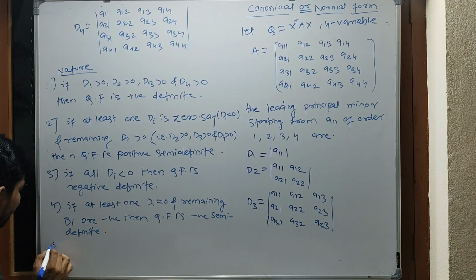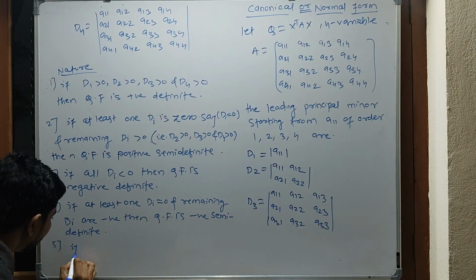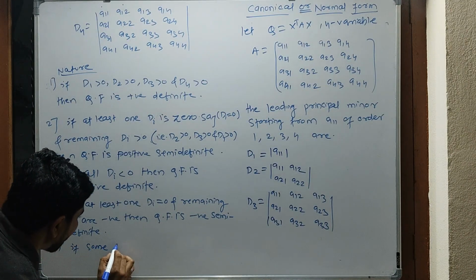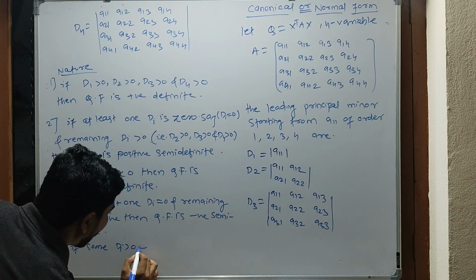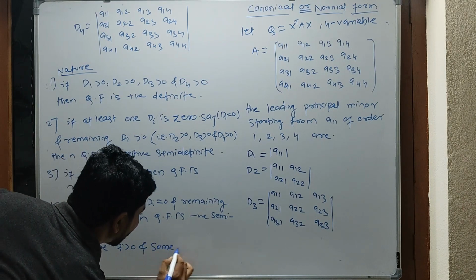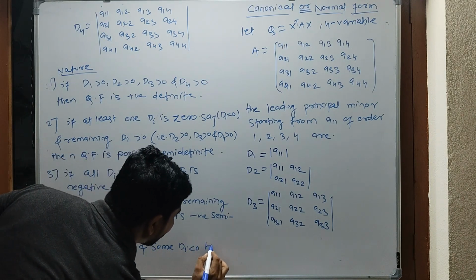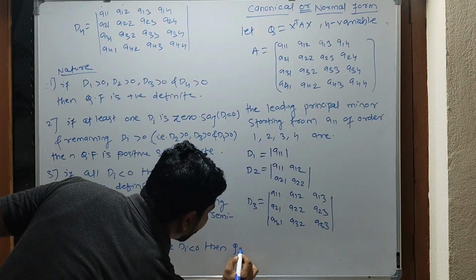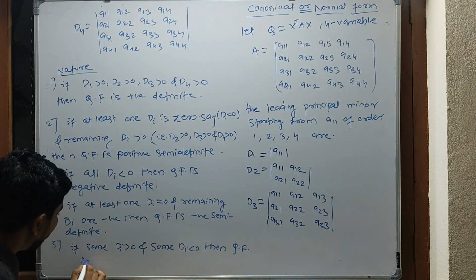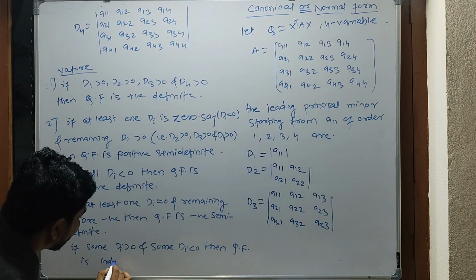Fifth is indefinite. If some di are positive and some di are negative, then the quadratic form is indefinite.